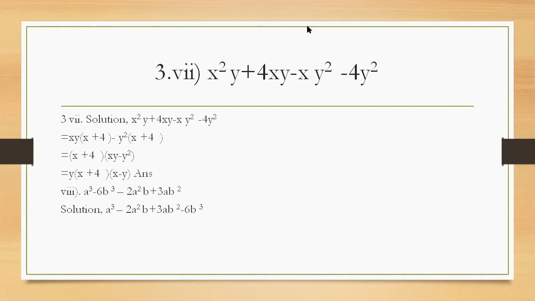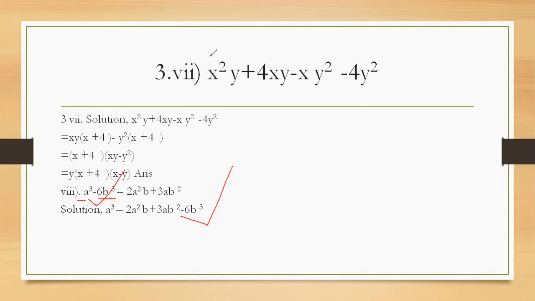That's why, look here, I have kept this second term in the last place. Understood, children? Why have I kept this 6b cube at last? Because there was no common in a cube and 6b cube. That's why this second term is kept last.